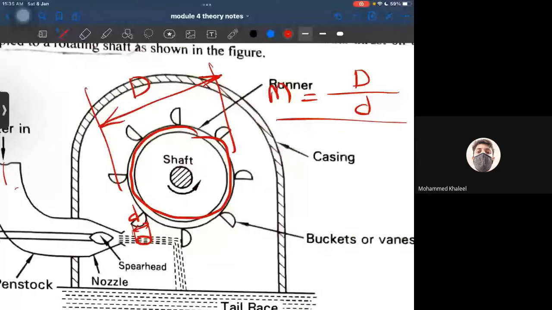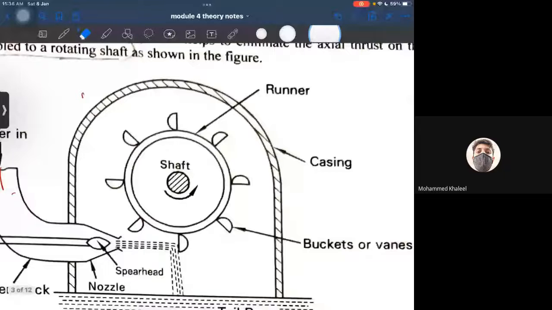Any doubts here? No, sir. Okay. So that is the jet ratio. And why is that jet ratio so important? Because through the jet ratio, you can calculate the number of buckets required on a Pelton wheel.